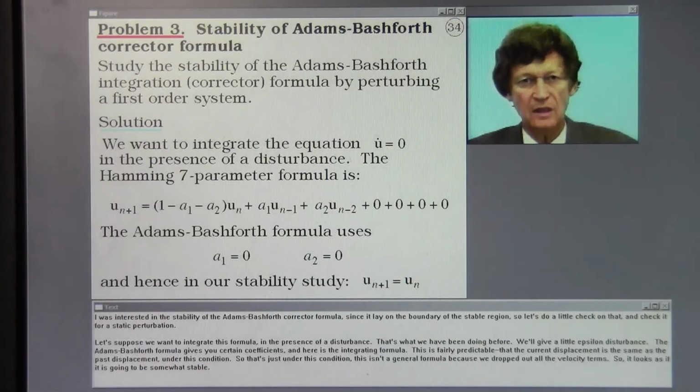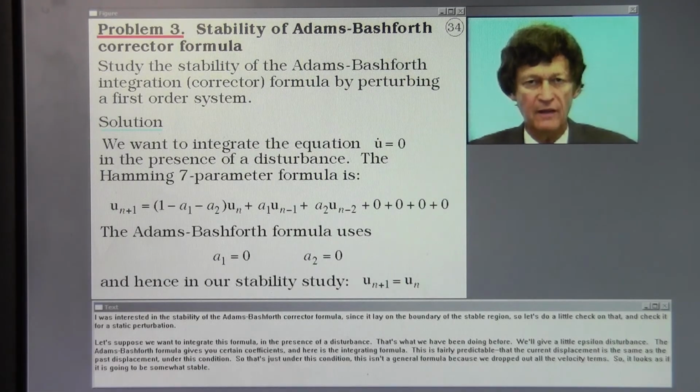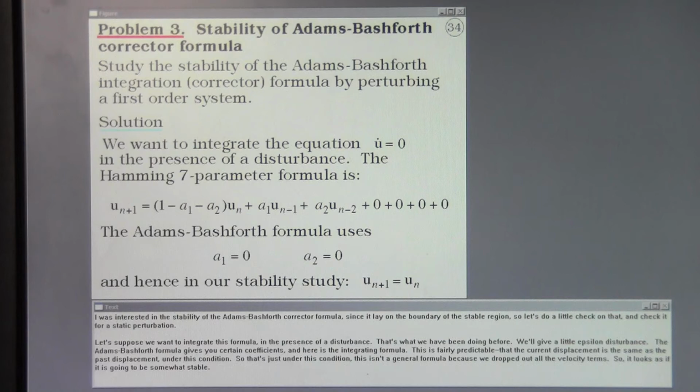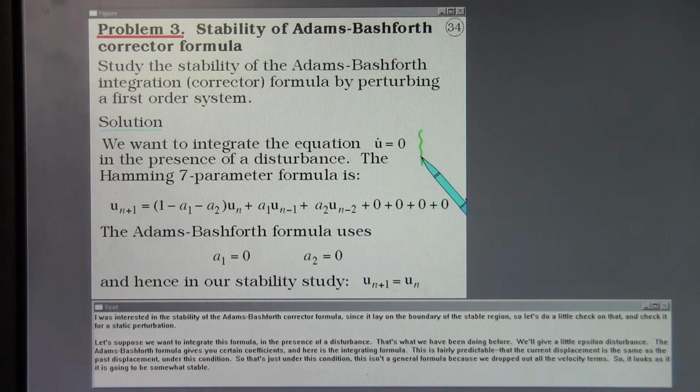I was interested in the stability of the Adams-Bashforth-corrector formula, and since it lay on the boundary of the stable region, let's do a little check on that and check it for a static perturbation. Let's suppose we want to integrate this formula in the presence of a disturbance. That's what we've been doing before. We'll give a little epsilon disturbance.